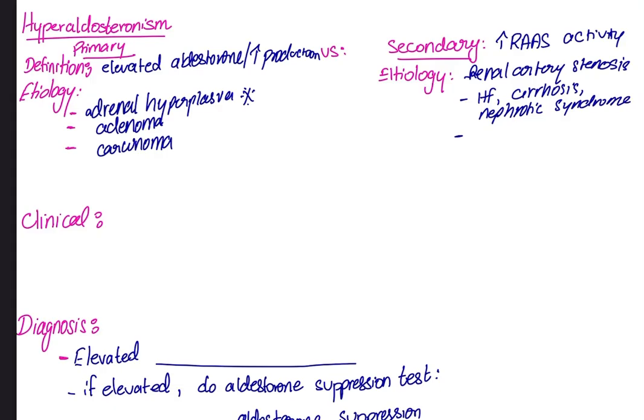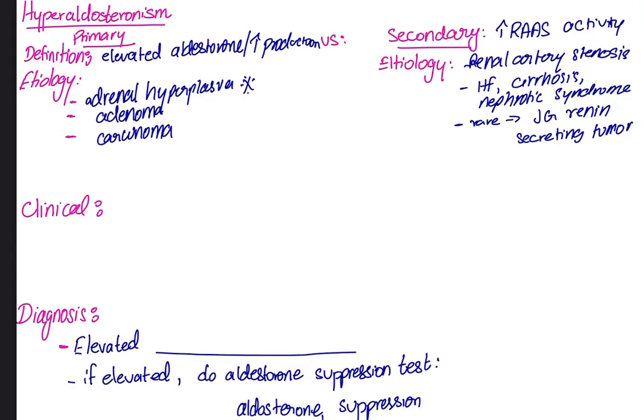Or there's a rare disease which is called JG renin secreting tumor. So this is basically just a juxtaglomerular renin secreting tumor.